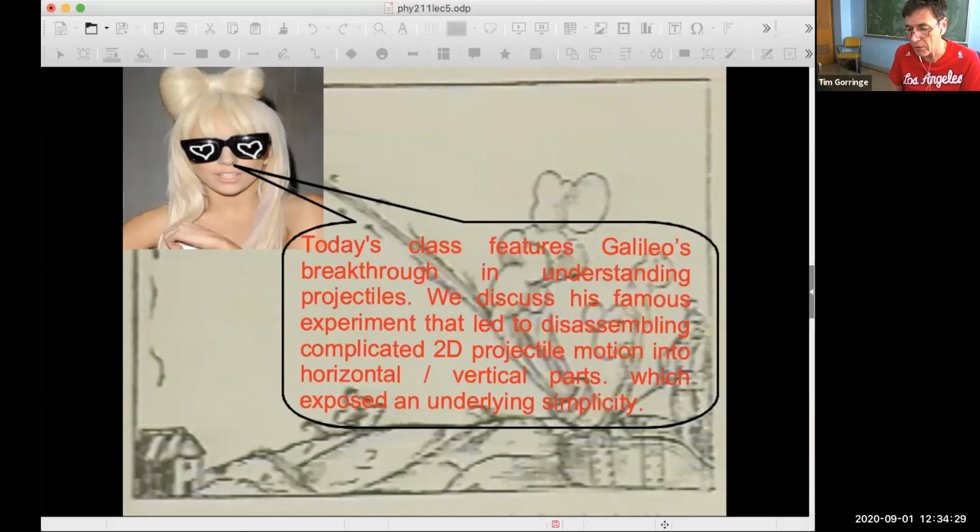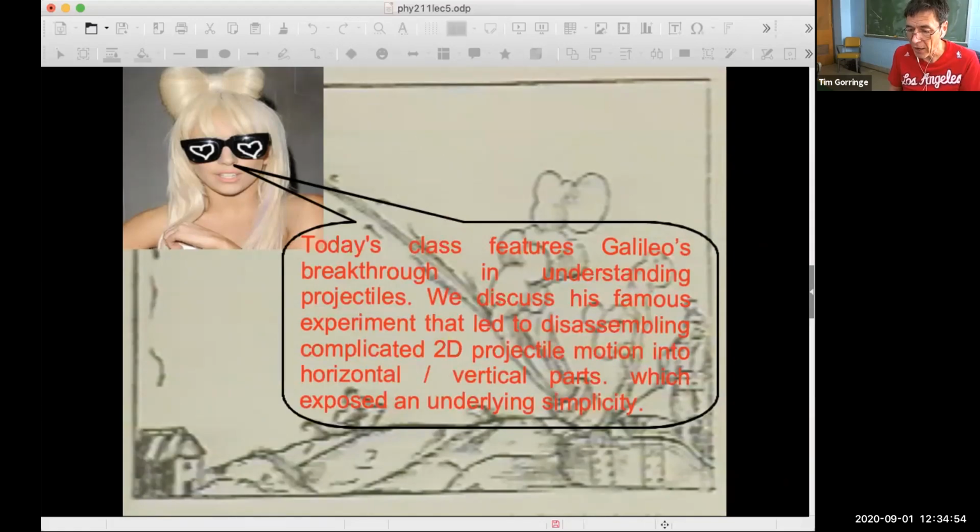So we're going to follow some of his work. Specifically, we're going to begin with a famous experiment that he conducted comparing falling body, one-dimensional motion, with projectile, two-dimensional motion.